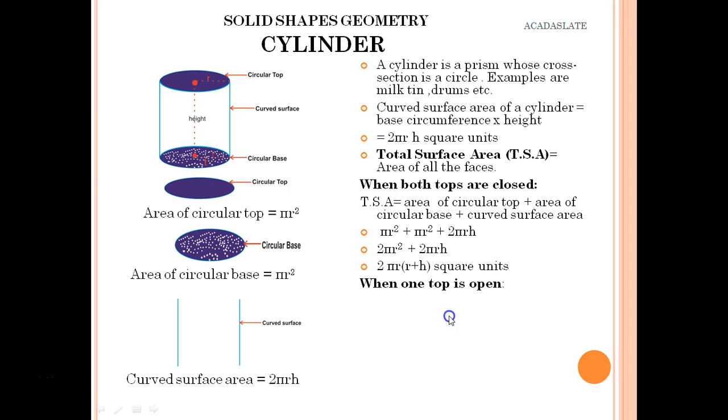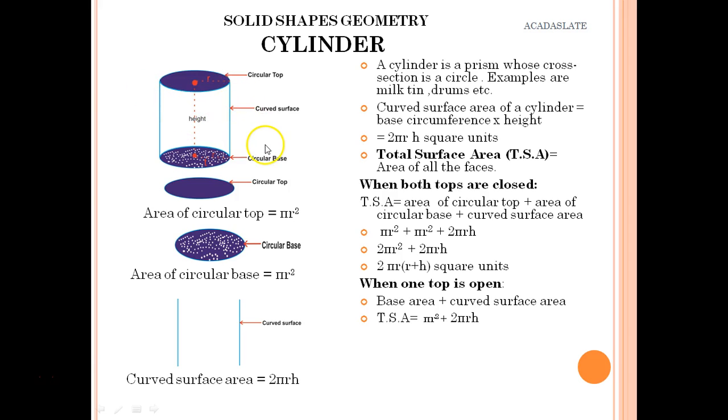Then the second part is when one top is open. I'm talking about the open cylinder. In an open cylinder, we have one top open. That means an open cylinder has two surfaces. What are the surfaces? Usually the circular base and the curved surface.